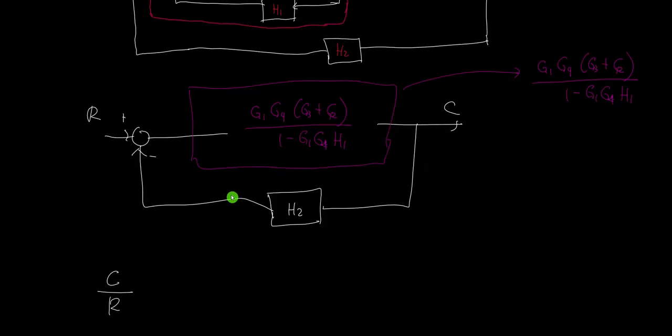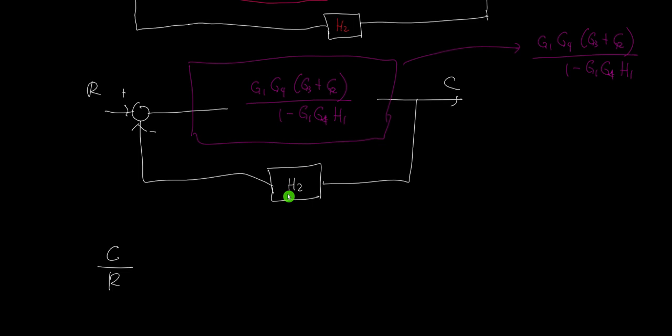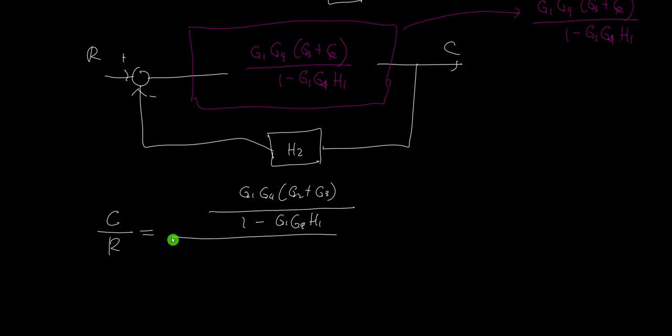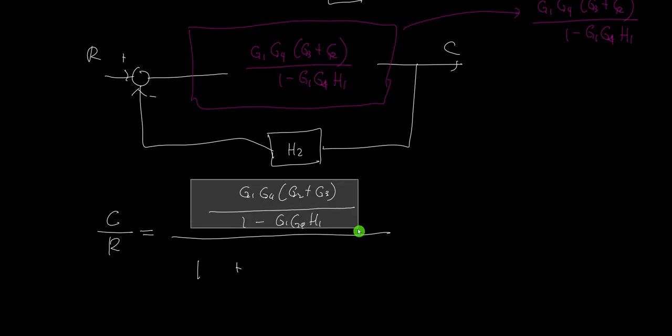So H is just H2, and this will be our G. It's minus, so this will be equal to G, which is G1 G4 times G2 plus G3, all over 1 minus G1 G4 H1. And this is all over 1, so since this is minus, it should be plus G times H. So just copy this. This is our G.